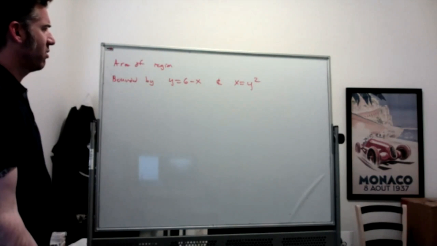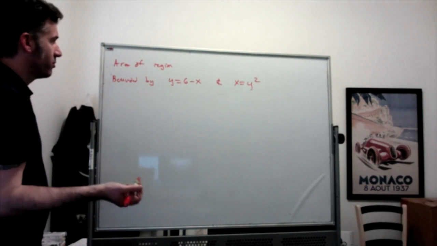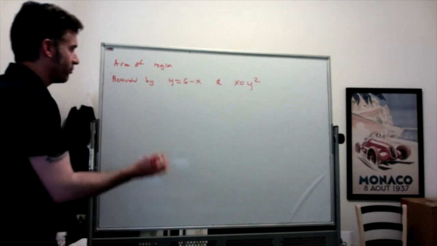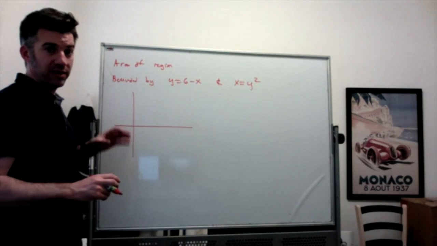This should work out all right. So let's draw it. X equals y squared is a parabola that opens to the right.